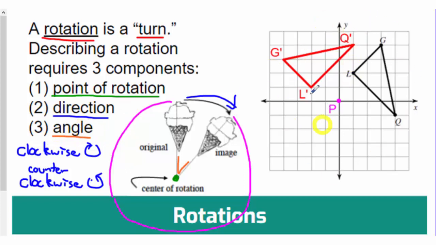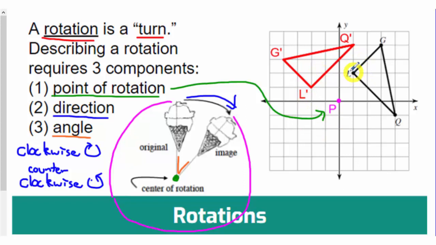We can also do it on graph paper, and it works the same way with those same three components. Let's identify them real quick again. We've got the point in the center of the wheel, and so that means we need to draw a circle around that point of rotation. We're drawing a wheel here around the center point, and so let's just pick point L to start with.